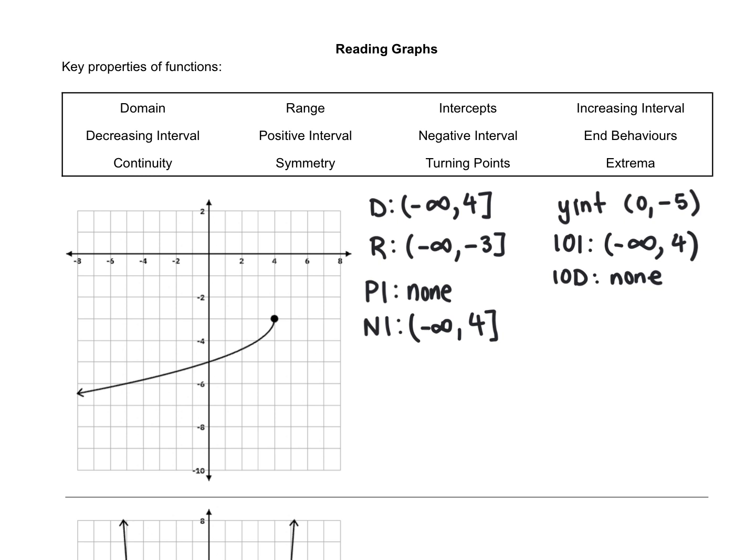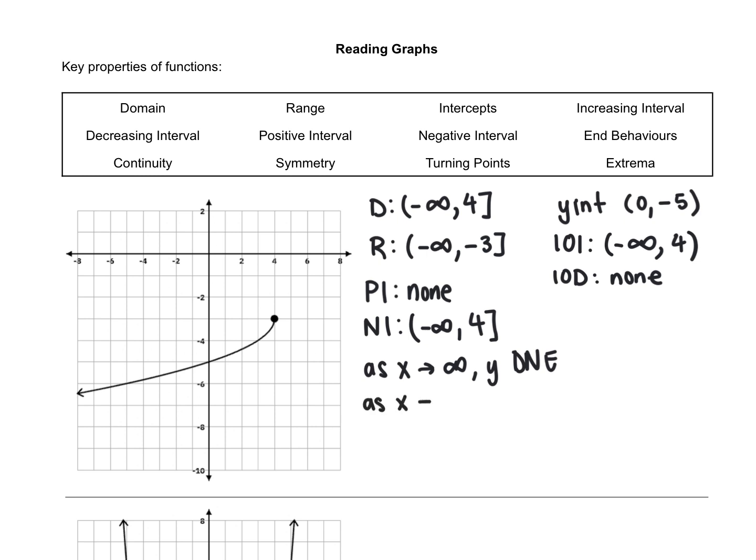Next, we have our end behaviors. So I'm going to start with as x approaches infinity. So as I follow this function and I'm going to positive infinity, well, the function ends at 4. There is nothing past 4. So this does not actually apply. So as x approaches infinity, y does not exist because it just stops at 4.